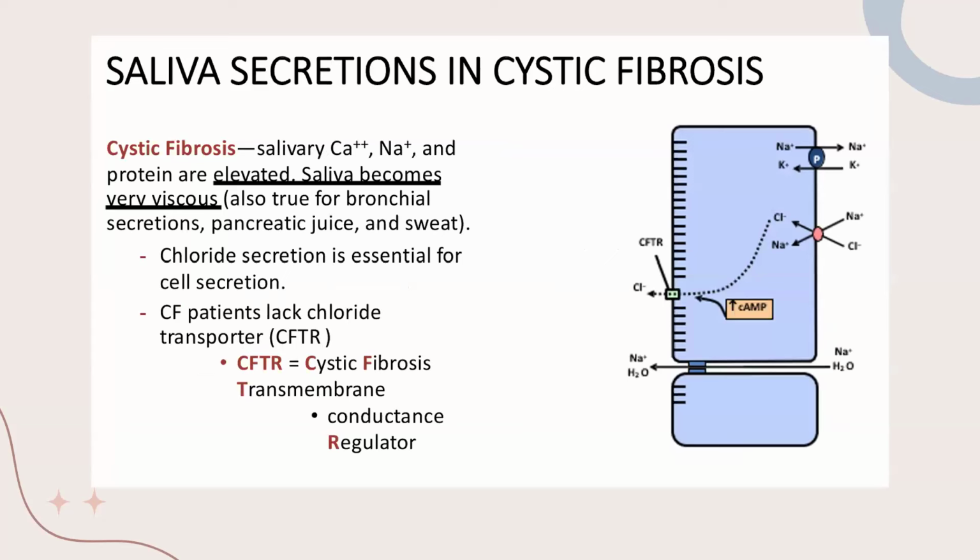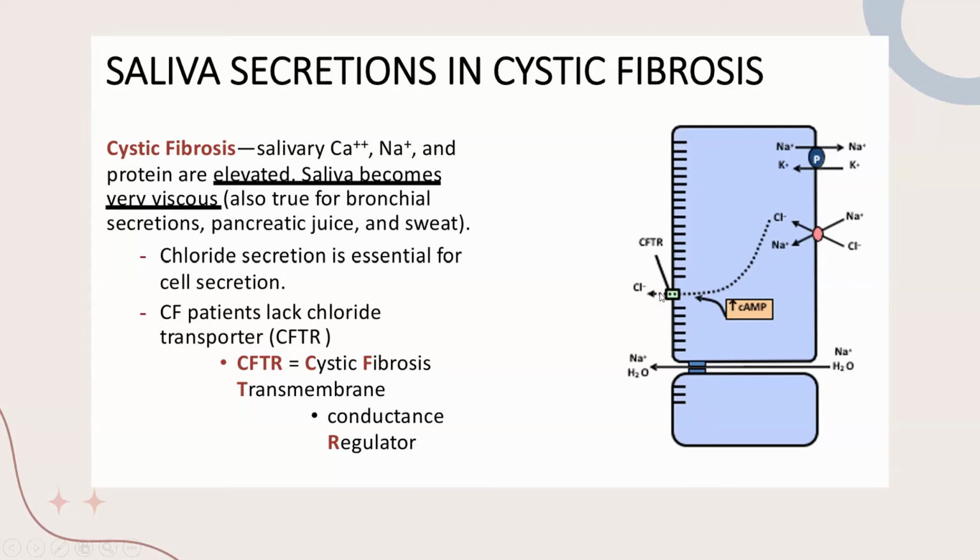Saliva secretion in cystic fibrosis. In cystic fibrosis, we have a channel called CFTR, which is a chloride channel. In patients with cystic fibrosis, this channel is defective. So there's an impairment in the chloride leaving the cell.